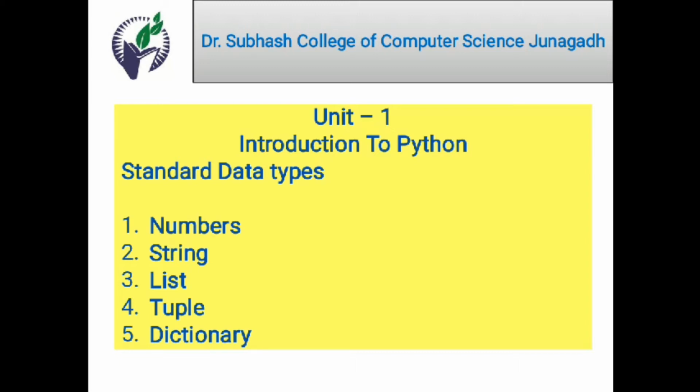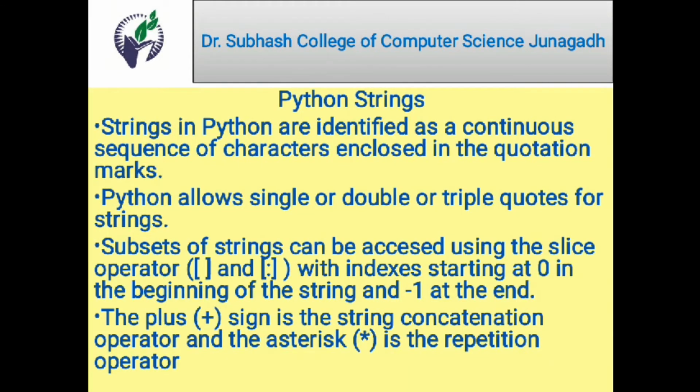Today we will start with the next one, that is the string data type. We have briefly discussed string literals, then list, tuple, and dictionary. These are the standard data types. Now, strings in Python are identified as a continuous sequence of characters enclosed in quotation marks.